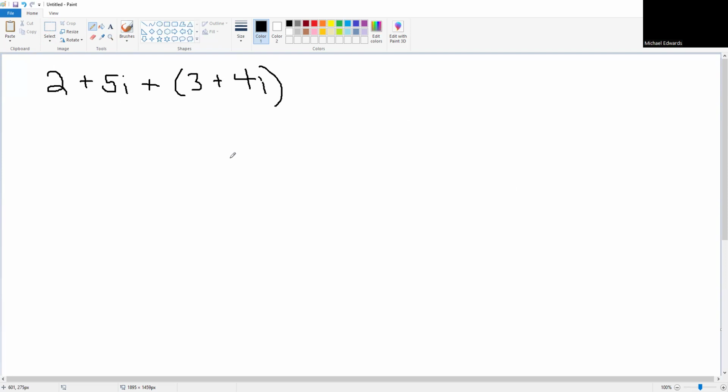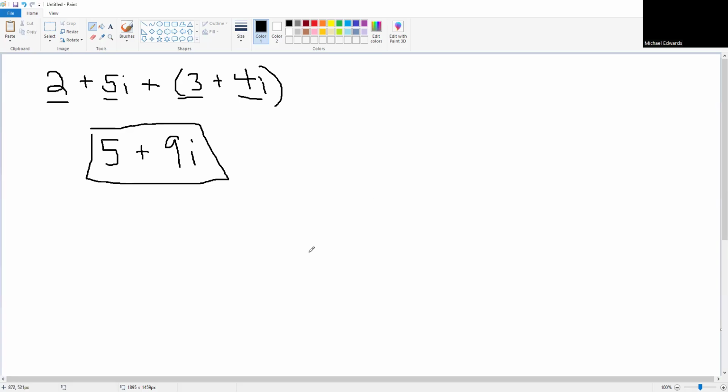There's no way to really solve it because you can't solve an imaginary number. But we can write like terms. We have a 2 and a 3 that are like. So 2 plus 3 is what? Okay. And I'm writing a plus because everything says plus here. So 5 plus 4 is what? All right. 9i. And that's the answer.